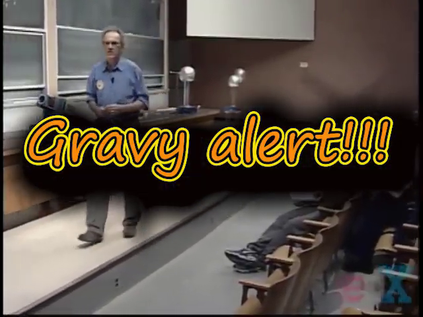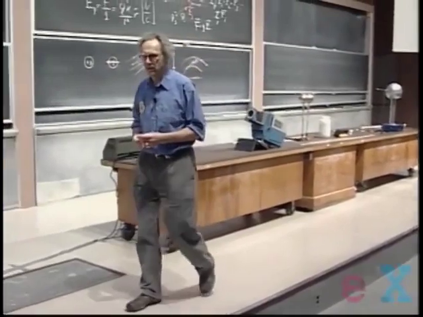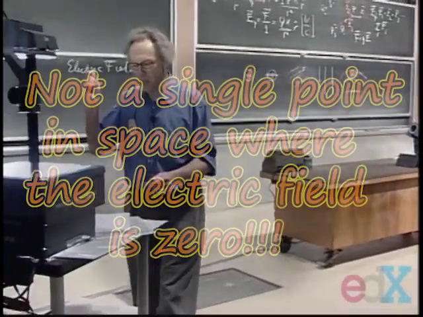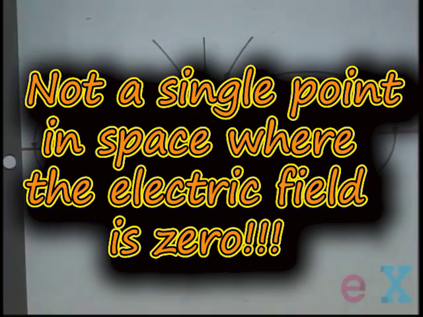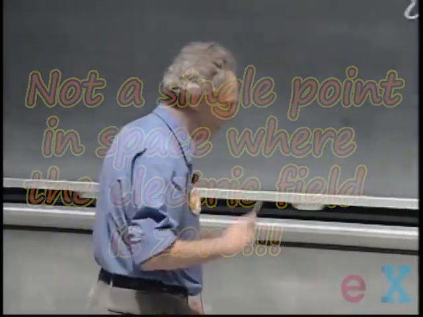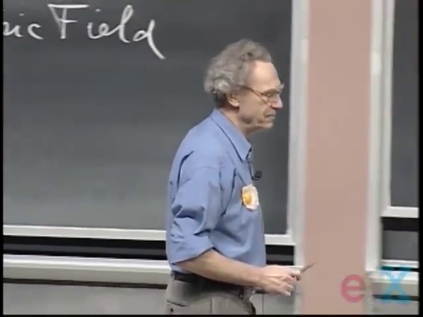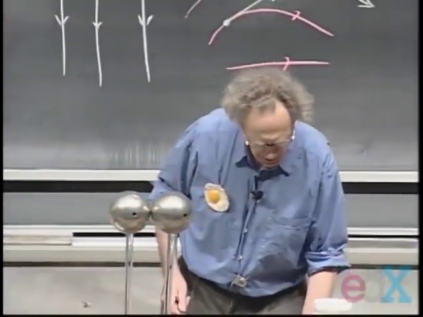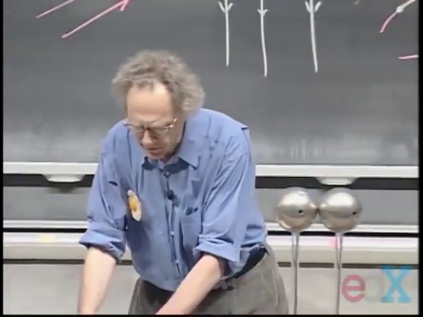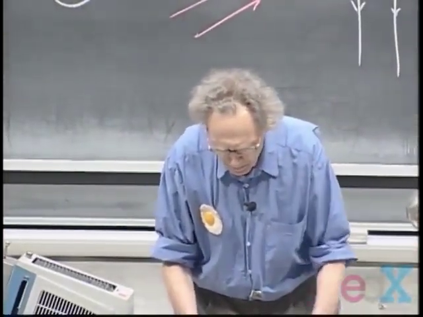It goes faster than 1/r². There is not a single point in space where the electric field is 0. You can think about that, why that is the case. So these field configurations can be rather complicated and can be very interesting, and each one has its own applications.